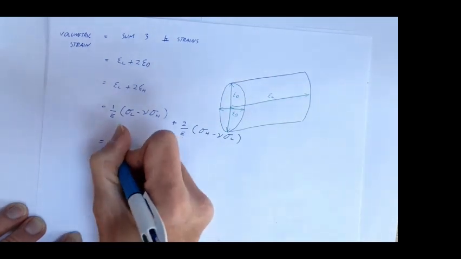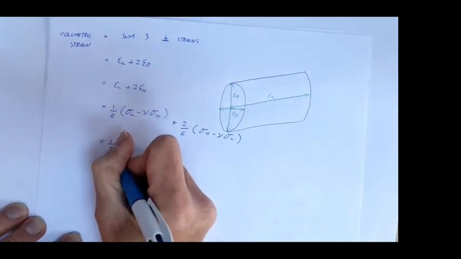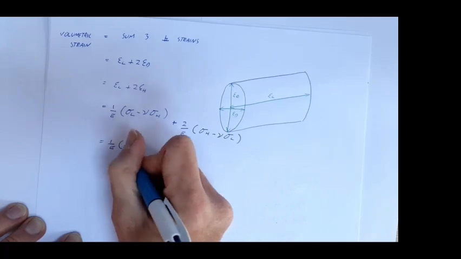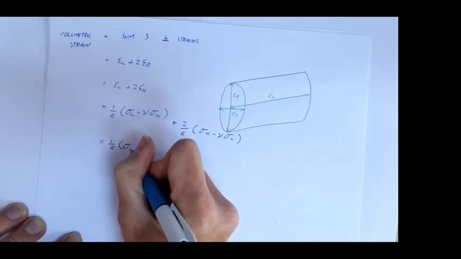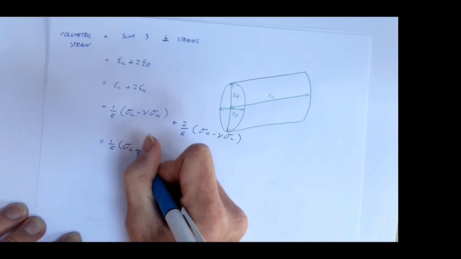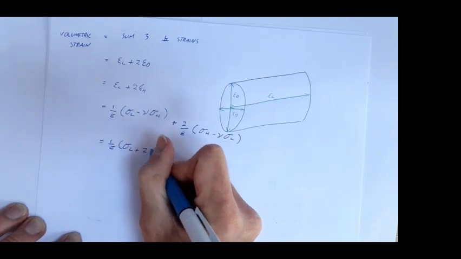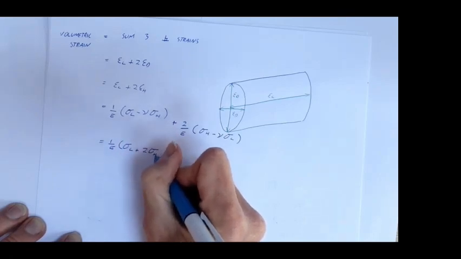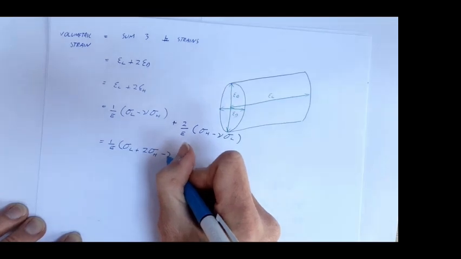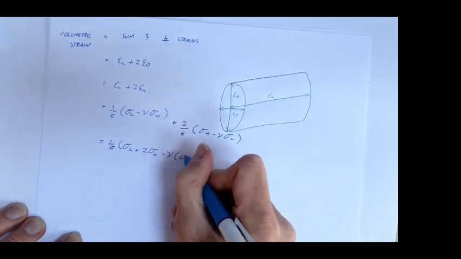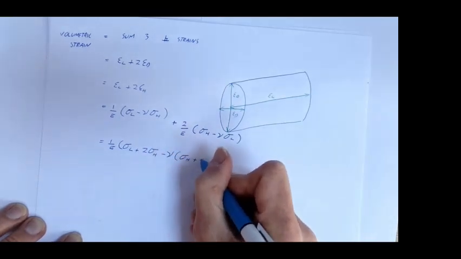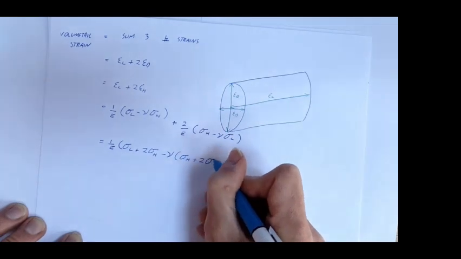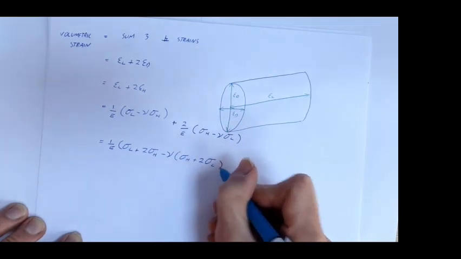We end up with 1 over E, lots of our longitudinal stress plus two lots of our hoop stress, minus Poisson's ratio of our hoop stress plus two lots of our longitudinal stress.